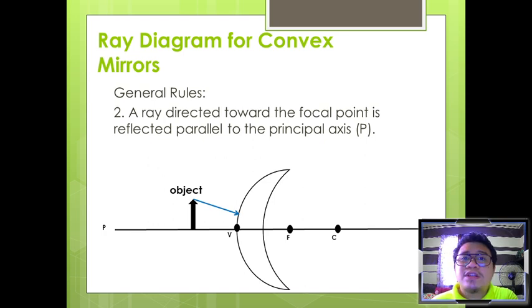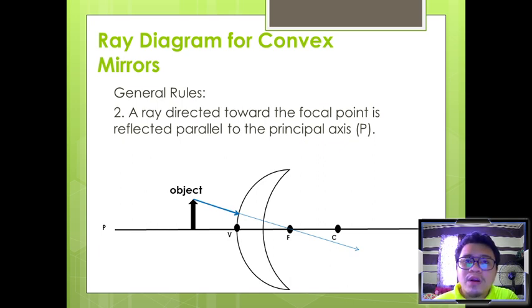We just trace it so that it seems to pass through F of the mirror, but in reality, it only strikes this portion here.